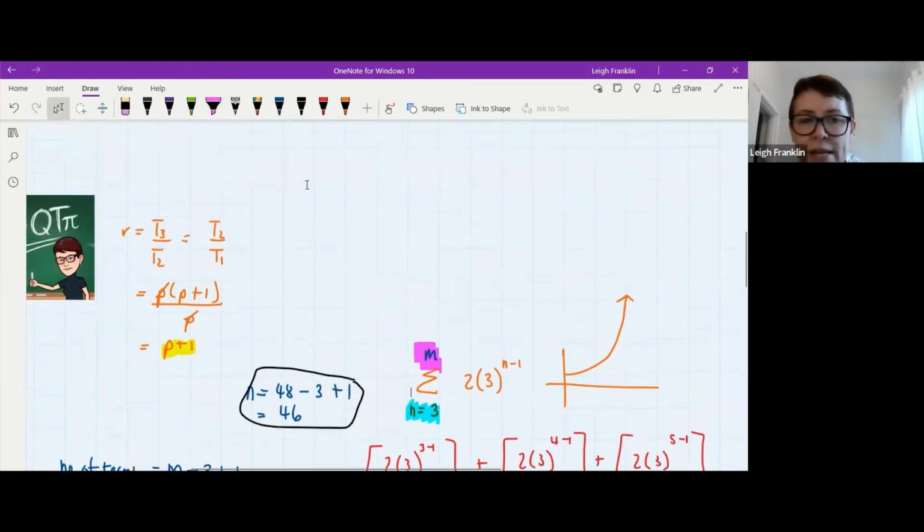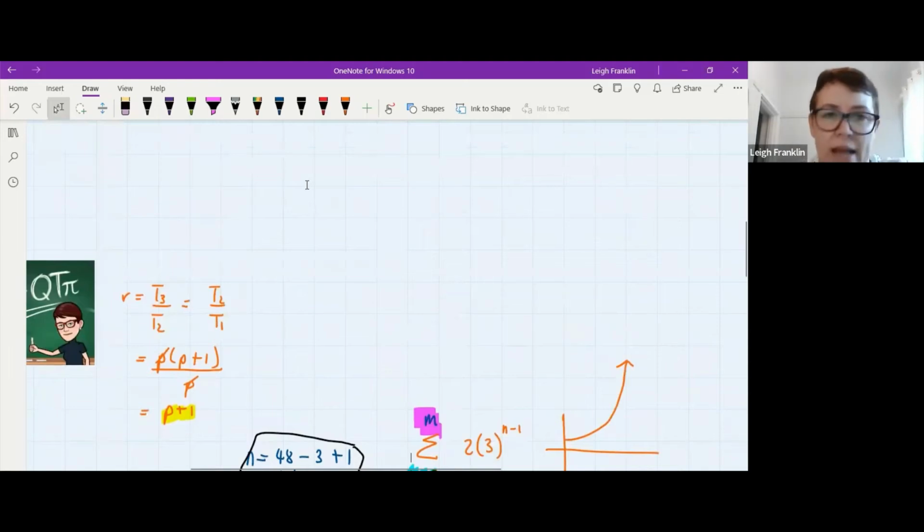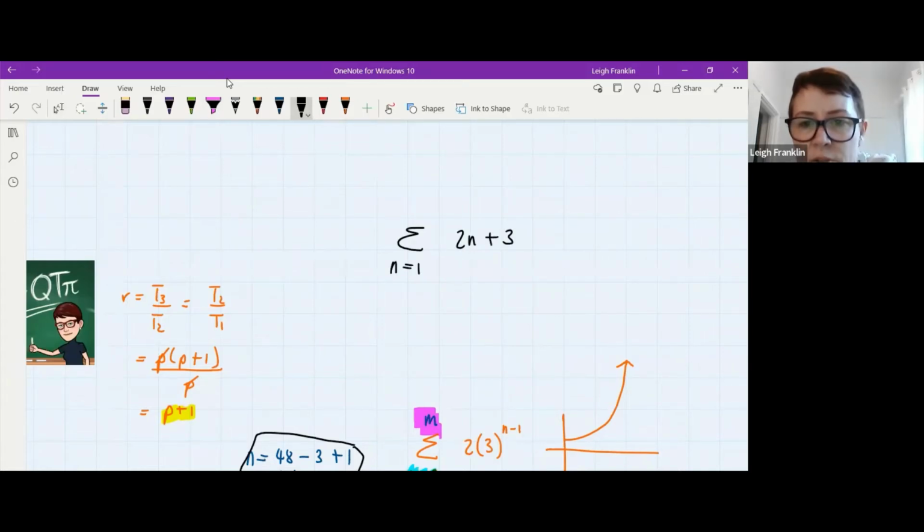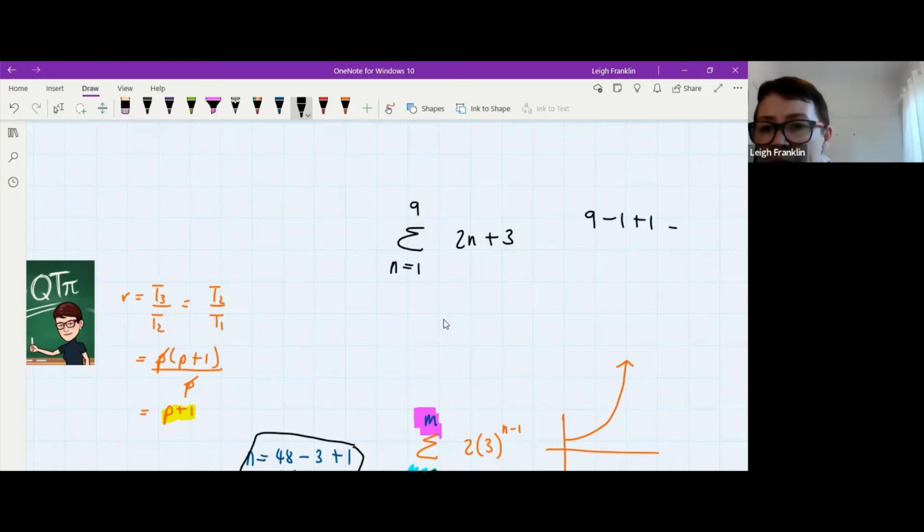So if you are dealing with a sigma notation like this one, and I'm just going to make something up, n is equal to 1, and this is 2n plus 3, and let's say it ends at 9, then there will be 9 terms in the pattern, because 9 minus 1 plus 1 is 9.